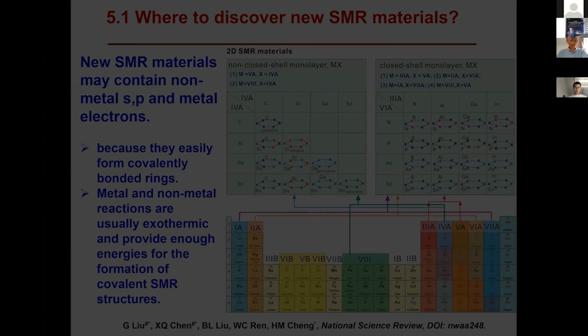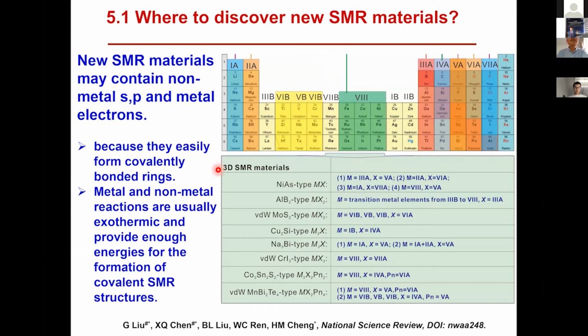Similarly, for the 3-dimensional six-member ring materials, we also can have different types of combinations, as I show you here, MX or MX2, and M2X and M3X, and even 3 elements like MXP and so on. So there are quite many combinations.